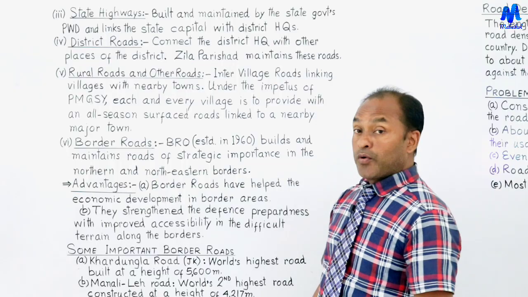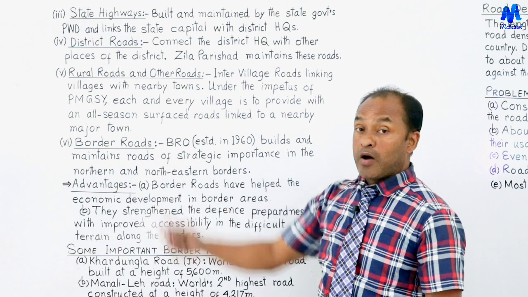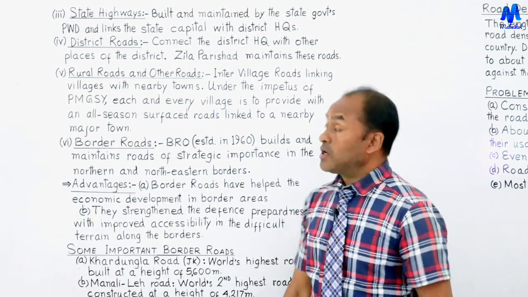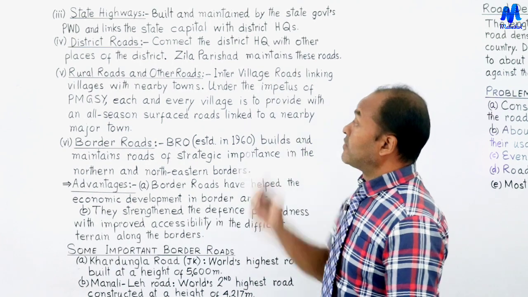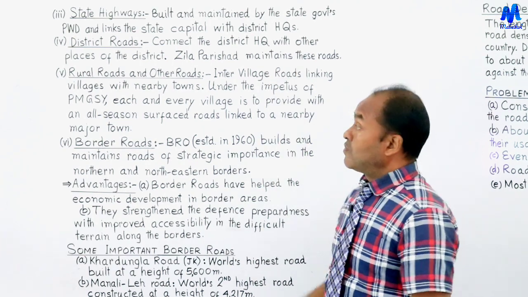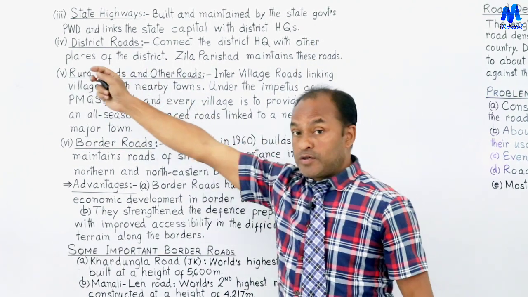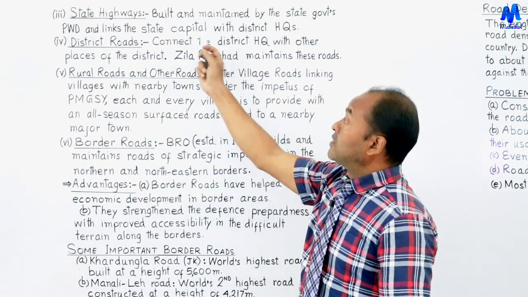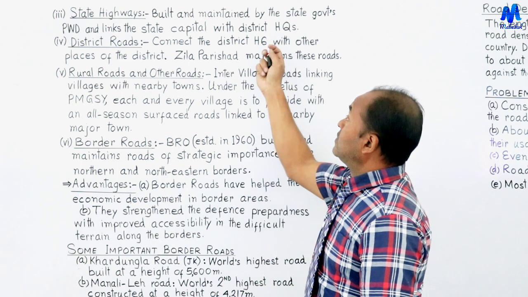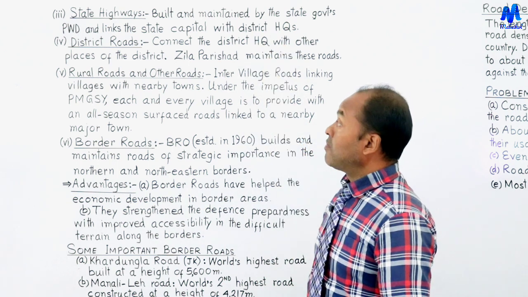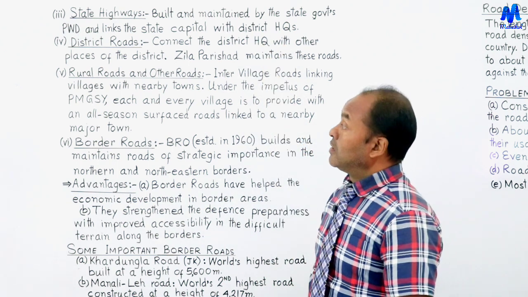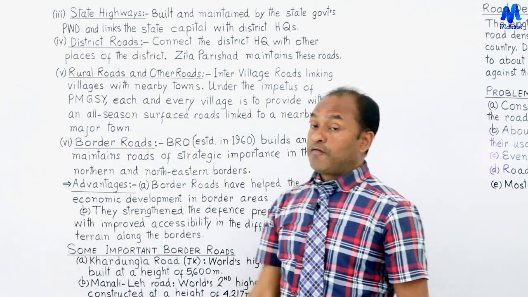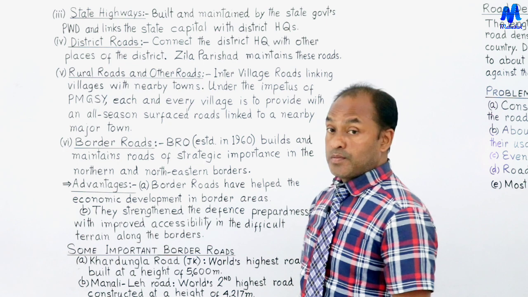So now we are going to discuss state highways in Roman number 3. These types of roads are built and maintained by the state governments, the PWD, Public Works Department, and they link the state capital with their district headquarters. So after this, in number 4, district roads.